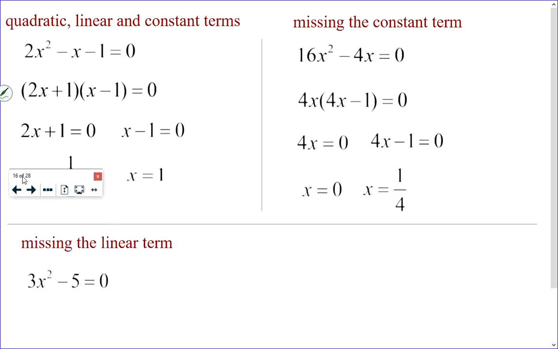So how do you solve something like this? Well, sometimes this third type of quadratic equation is factorable. But even if it is, what I'm about to show you will always work. What you do is you rearrange for x squared. I can add 5 to both sides and divide both sides by 3 and get x squared equals 5/3. And then you take the square root.